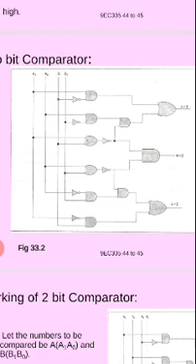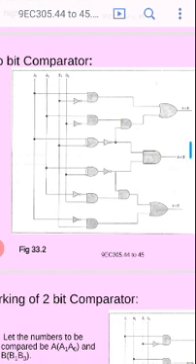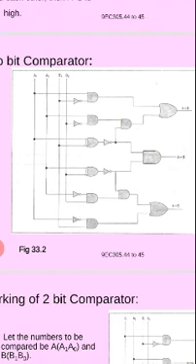For the next AND gate, the B0 bit and A0 complement bit are given to the second last AND gate, and its output is given to the AND gate, and that AND gate output is given to the OR gate.